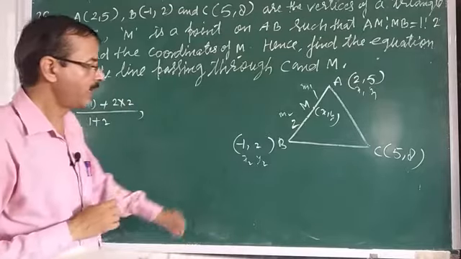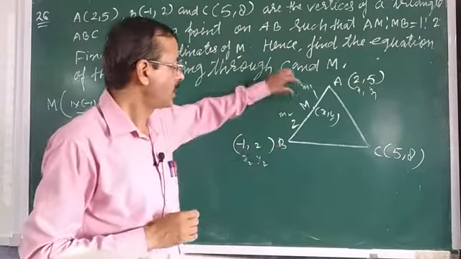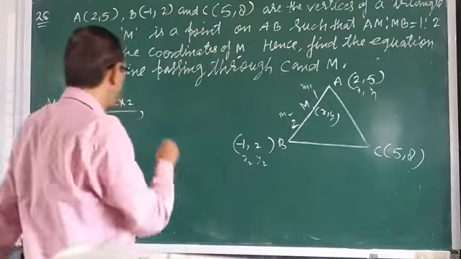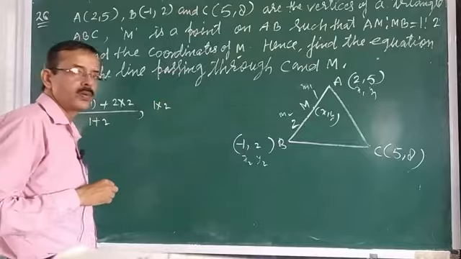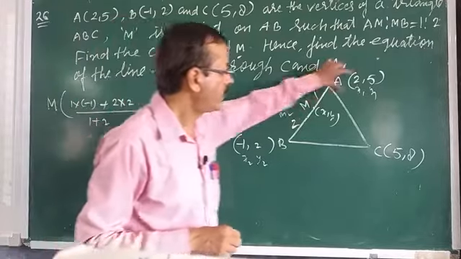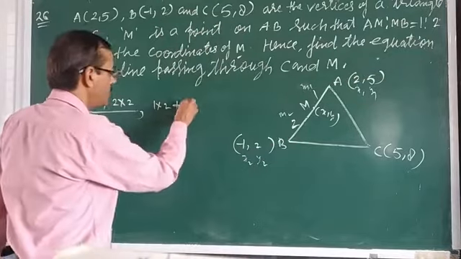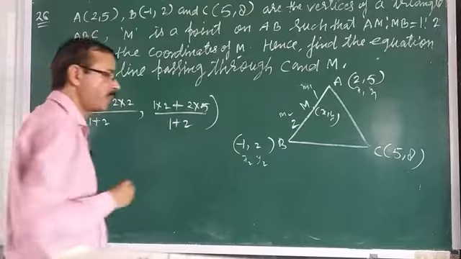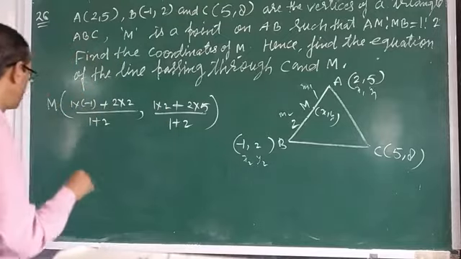Now come to the y. For the y, m1 y2 is 1 into 2, plus m2 y1, 2 into 5, upon 1 plus 2. Simplify that.